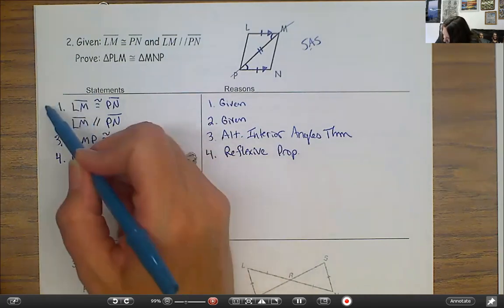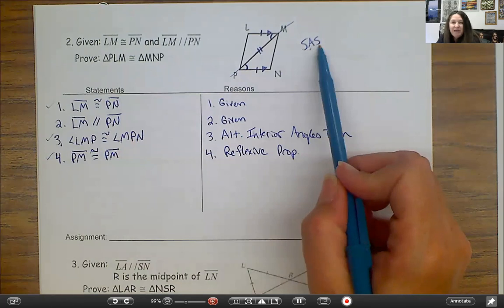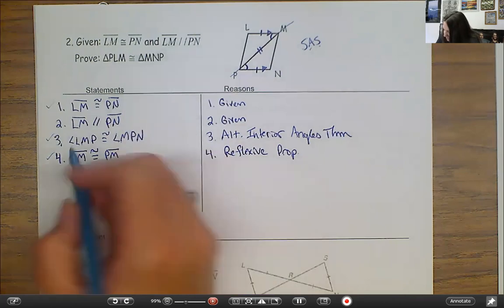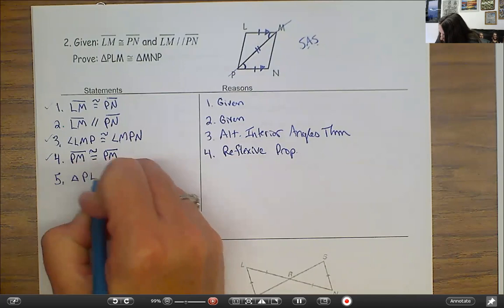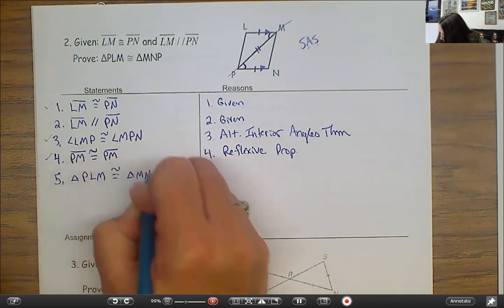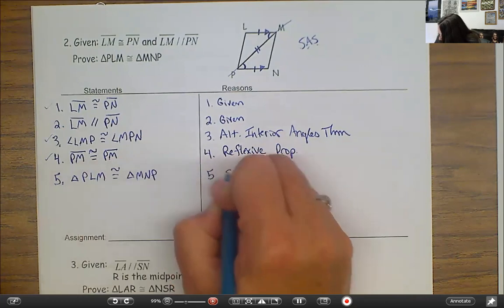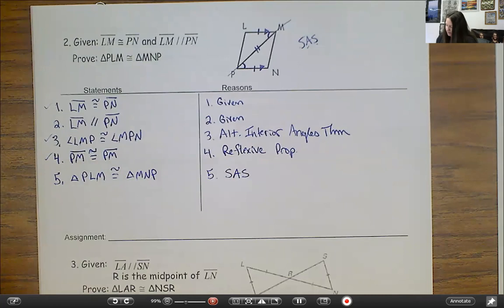I have my 3 sets of congruency statements. As long as I have those 3 sets that match up with the parts I needed for the SAS case, I'm ready to write my proof statement. So step 5 is going to be that triangle PLM is congruent with triangle MNP, and then that was by our side angle side postulate there.